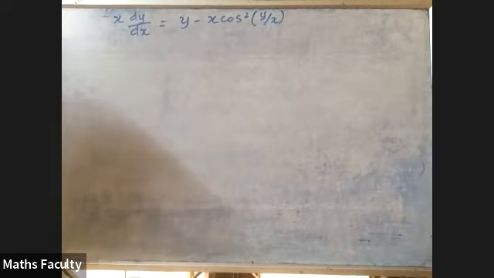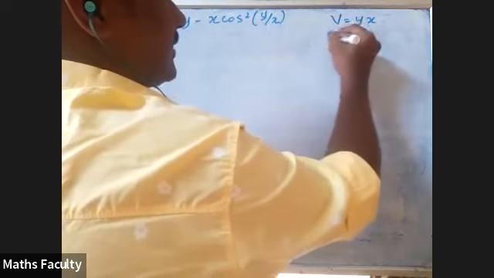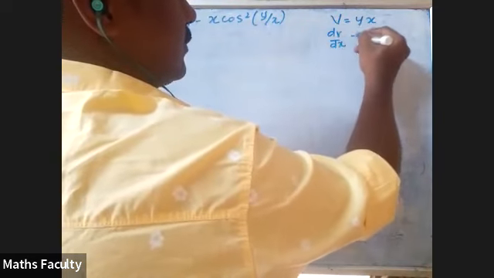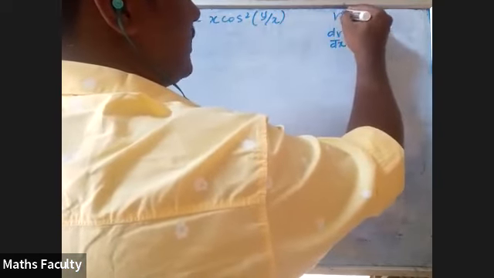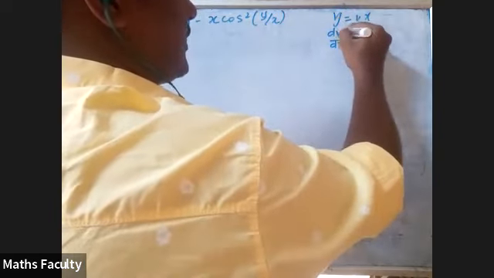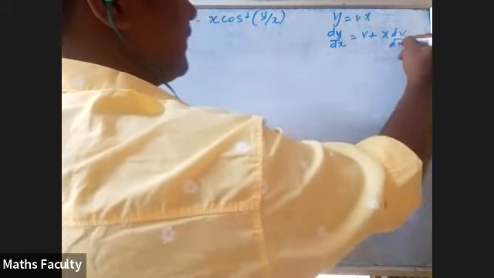Very simple. Difficult, but very simple, because only one concept: y is equal to vx, which means dy by dx is equal to v plus x dv by dx.